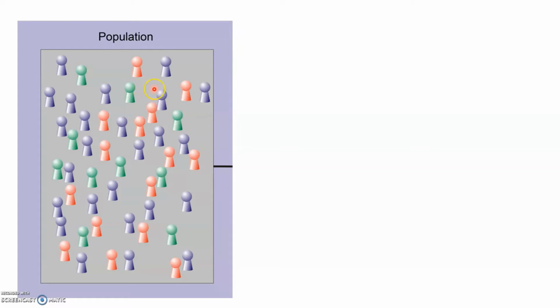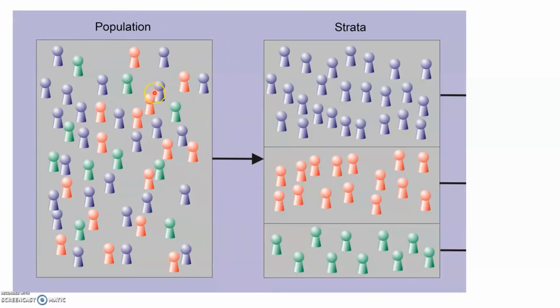So in stratified random sampling, we're going to collect all the red, all the blue, all the green, and put them together. We call each of them a stratum. So we have three strata here. One is blue, second is the red, third is the green.